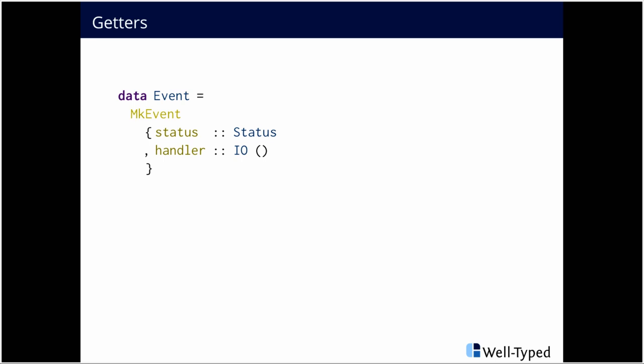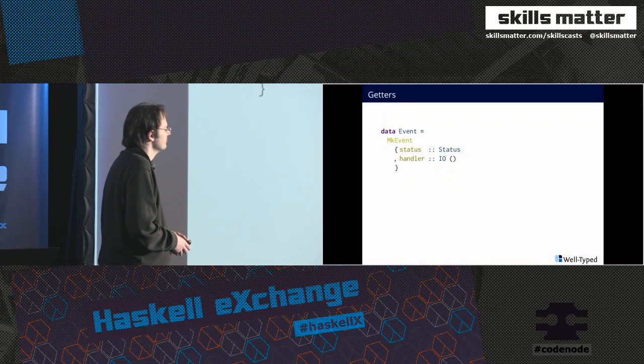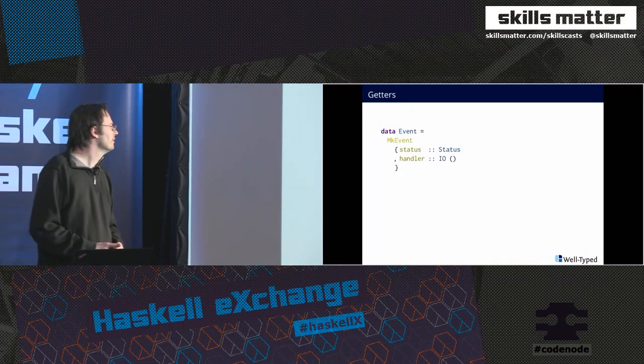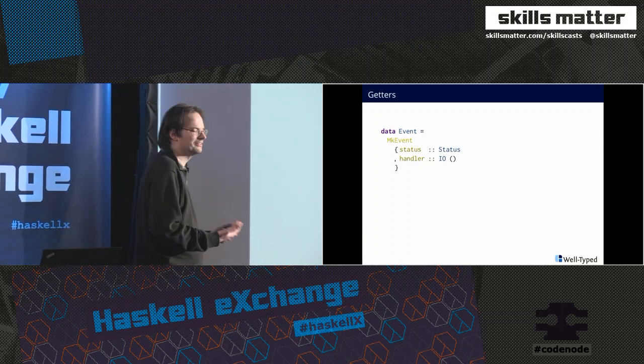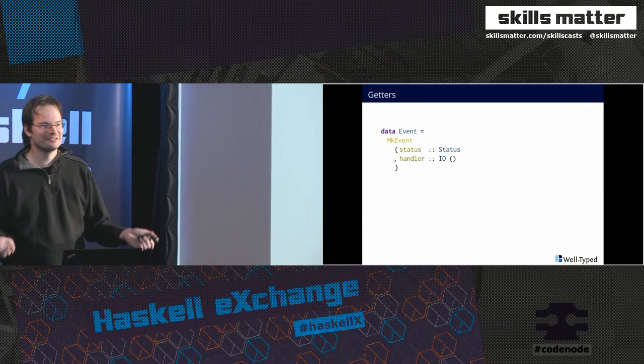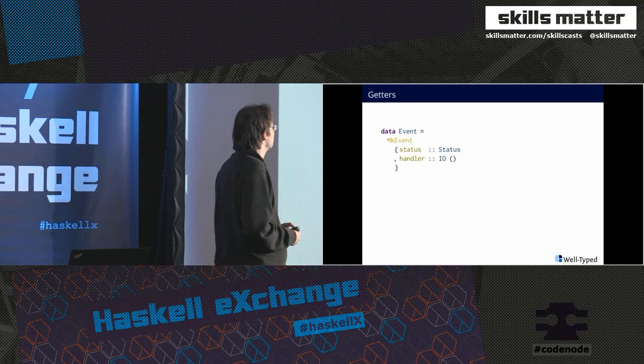And as soon as you have a record that involves a function type or an I/O action, all sorts of things become very difficult, right? I mean, you can no longer easily get an equality instance, you can no longer easily get a show instance, you can no longer easily get an Ord instance, and so on and so forth.